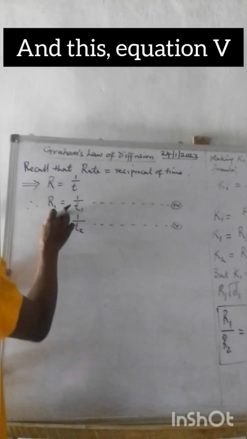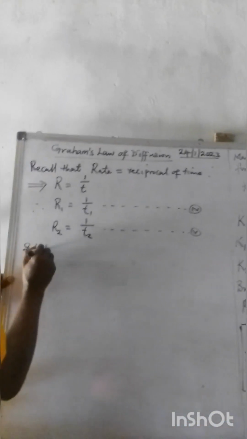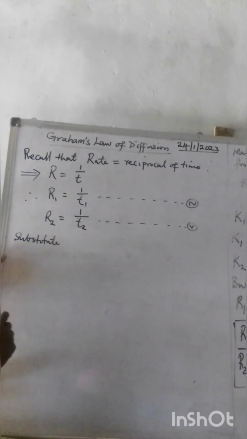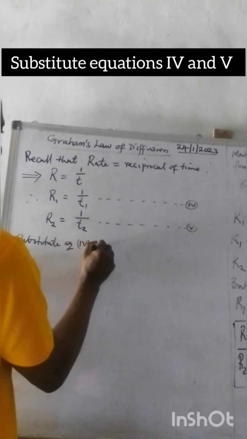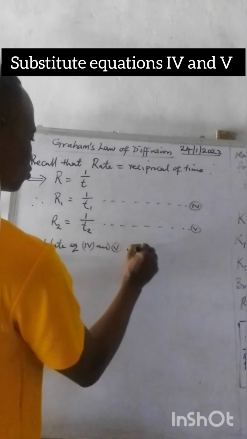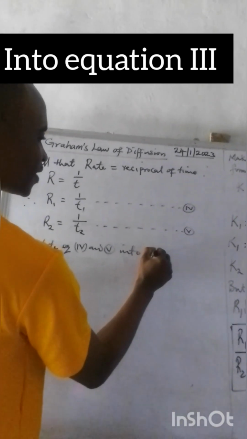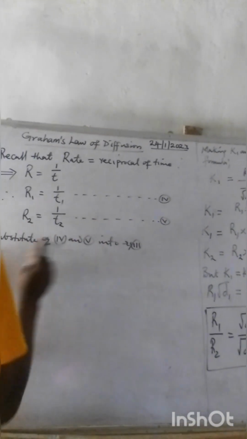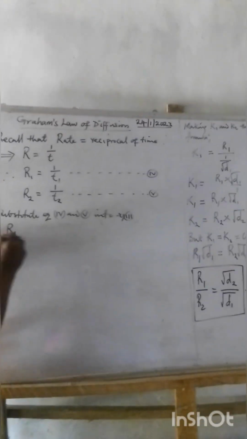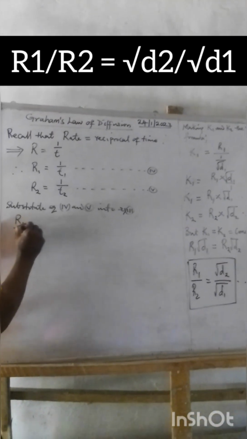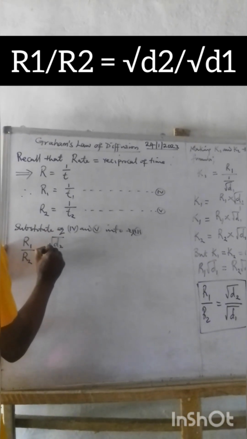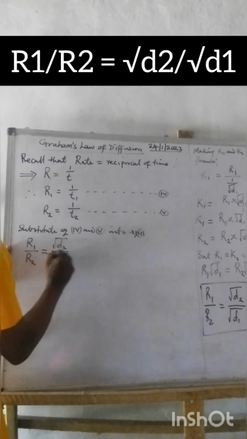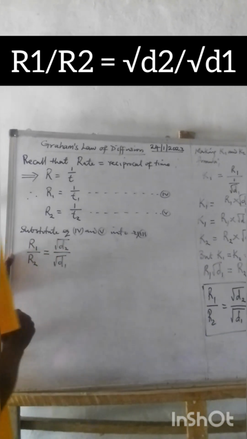Now we are going to substitute equations 4 and 5 into equation 3. By writing this equation 3 again, you can say R1 over R2 equals square root of D2 over square root of D1.